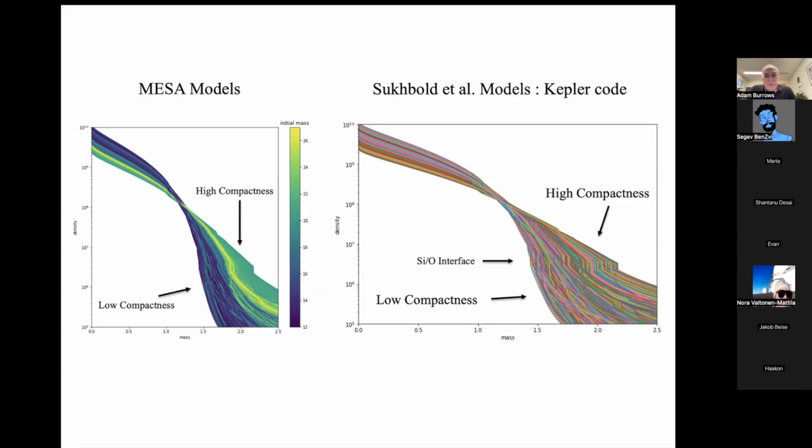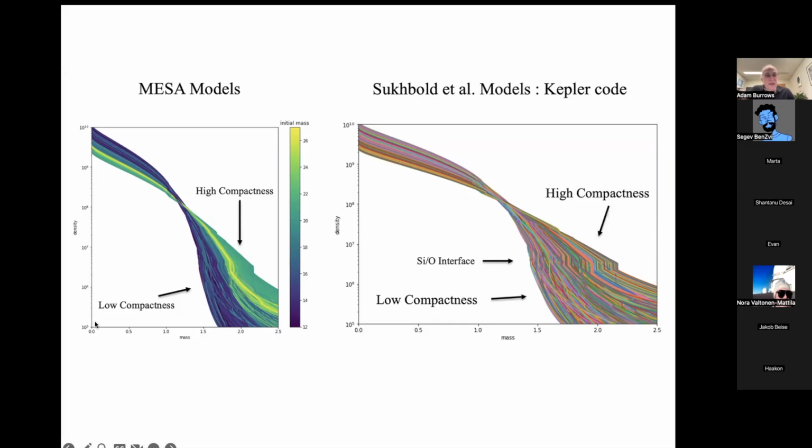And so on the left-hand side and the right-hand side are distributions of those initial Chandrasekhar progenitors, where the density goes from about 10 to the 10 grams per cubic centimeter down. And I just want to call your attention to the range of density profiles, and that some of these models have a sharp drop in the density.